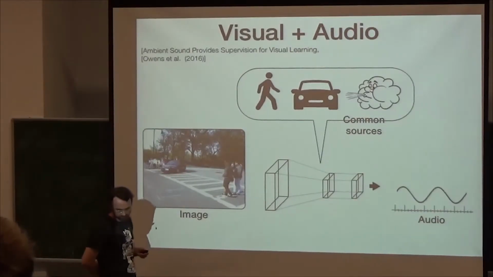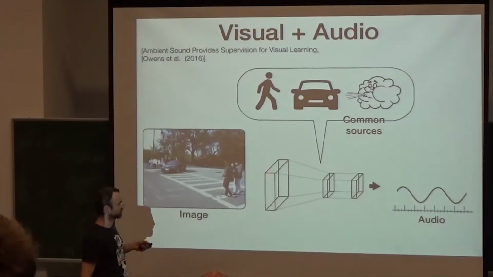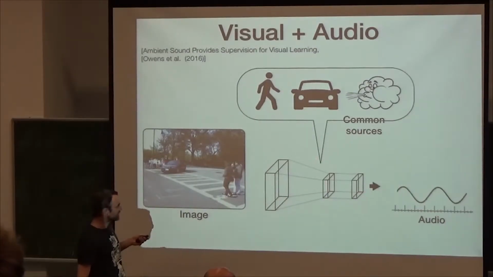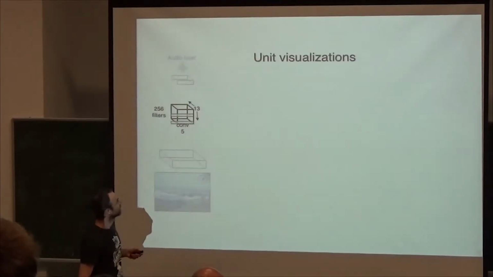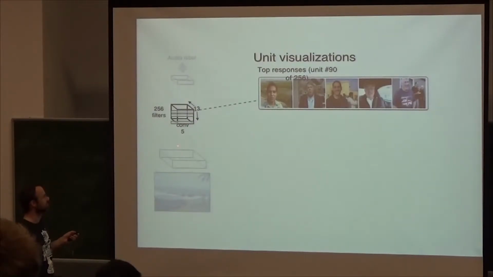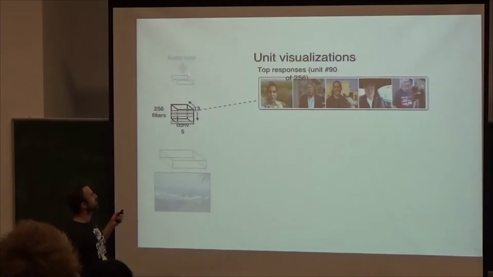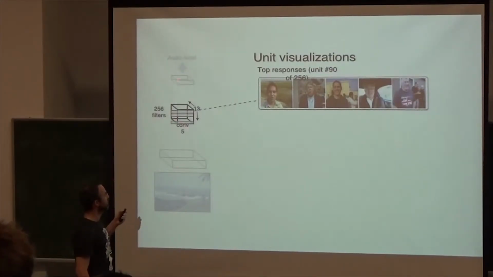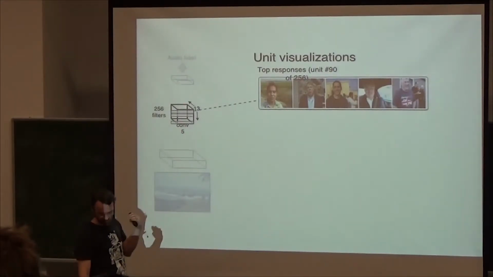So it requires some semantic understanding of the scene in order to predict the audio from the image. They have some network that does just this, with some audio representation they're trying to predict, and the big convnet outputs in this audio feature space.